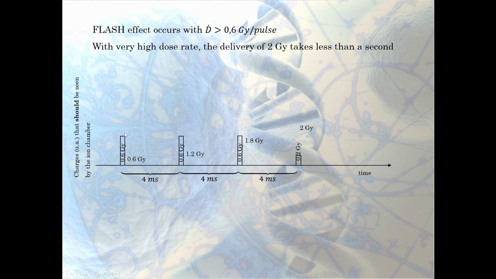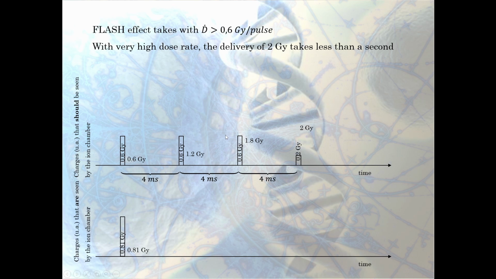Say you plan to have 3 equal first intense pulses, followed by what is needed to reach the 2 grays. So 0.6, 1.2, 1.8, and then the remaining 0.2 grays to reach the 2 grays. This is what is planned, and the machine is alive, it's breathing. Sometimes it does too much, sometimes too little, and it has to be in a feedback loop such that at the end you will reach 2 grays.